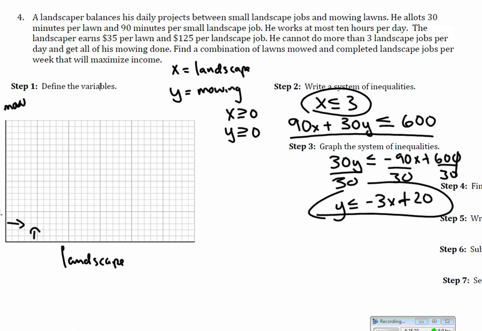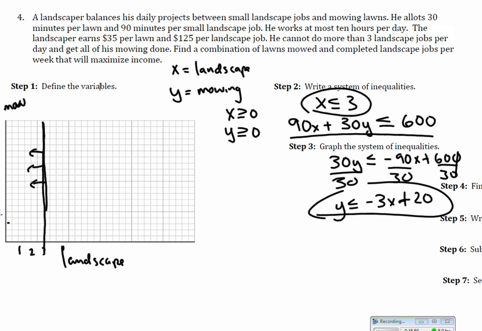All right, so well, let's clear this up a little bit. Let's go every 2 blocks is 1. So every 2 squares is 1. There's 1, there's 2, there's 3. Ooh, let's make that straight. So that's got to be less. The last one is negative 3x plus 20.